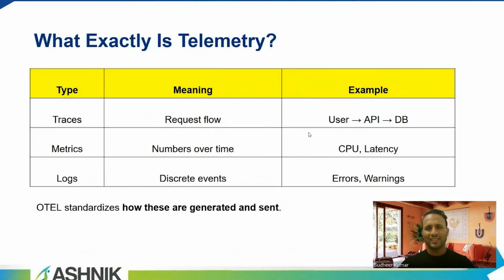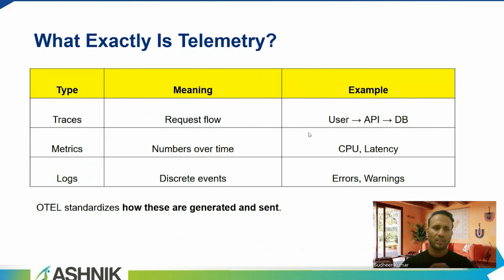What exactly does telemetry mean? Telemetry is a combination of three things: traces, metrics, and logs. We are all aware of it. Traces are just a request flow, like user, API, and DB. That kind of flow is going on. Then we have metrics, which are numbers over time, like CPU, memory, and latency.